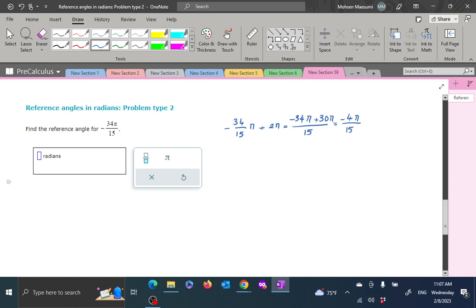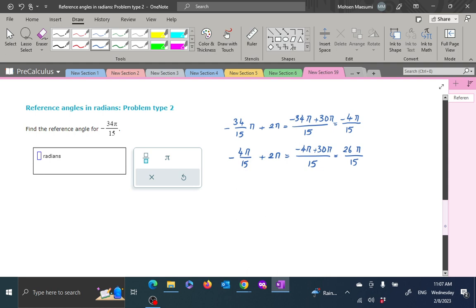So that's why I said this fraction is more than 2, so I need to add twice. So I have minus 4 pi over 15. I need to add another 2 pi to it, and I repeat. So this becomes minus 4 pi and another 30 pi, and now I have 26 pi over 15.